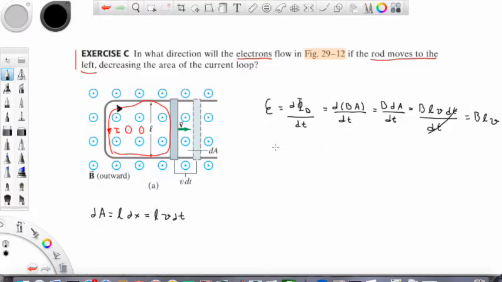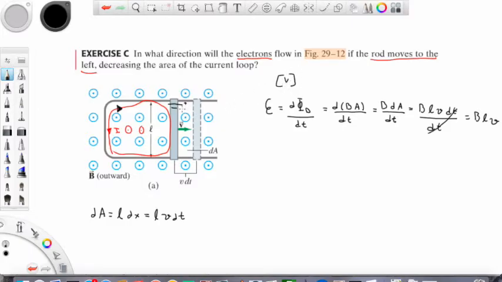What about the current then? We just found out that there's an electromotive force of this magnitude induced in this loop. We can imagine that as being a simple, small voltage source, because the units of electromotive force are volts, that is electric potential.